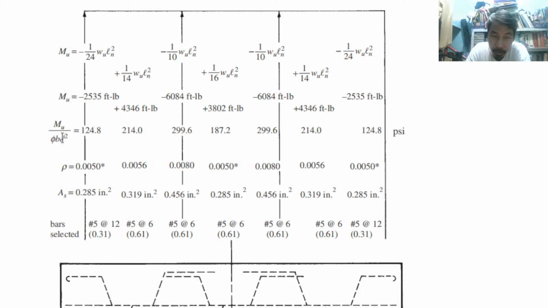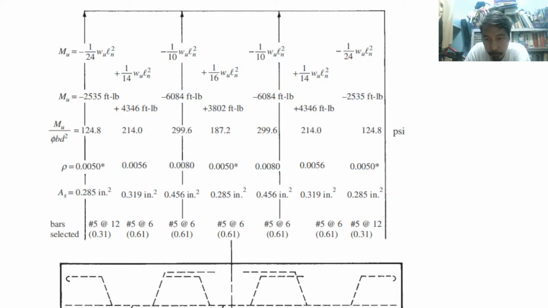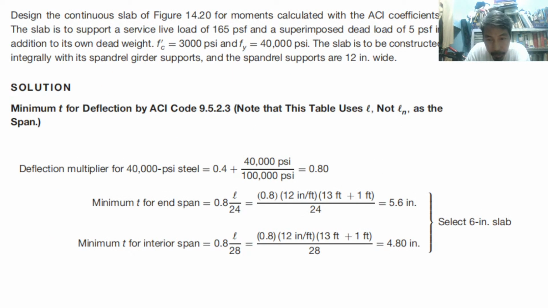We already know the B, and D, so we have that, and therefore we can find out the value of rho, the steel ratio. This is the steel ratio, so this is the steel area that we can determine from this.